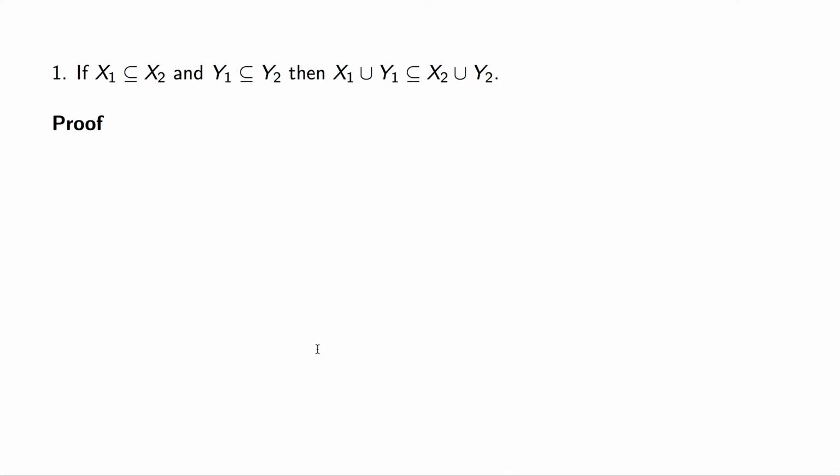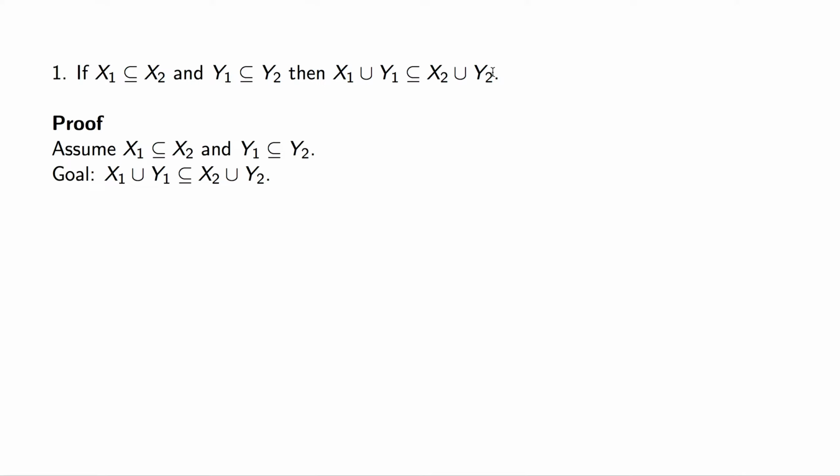So now here's the point 1 of this fact again, and we are starting a proof. Please notice that the statement in question is an implication, if, then. In order to form a direct proof of an implication, we assume the antecedent, and the consequent will become our goal.